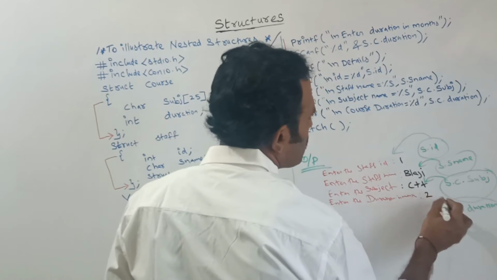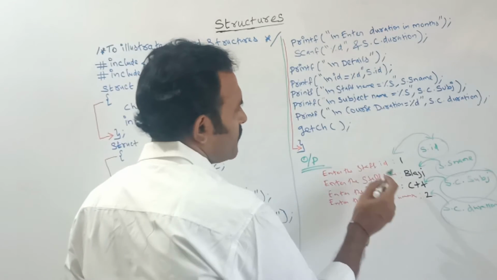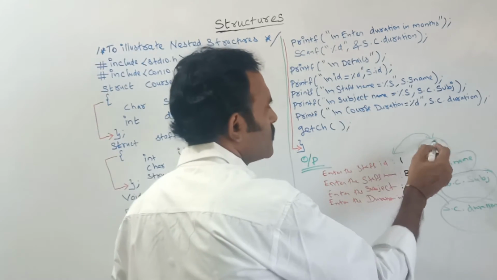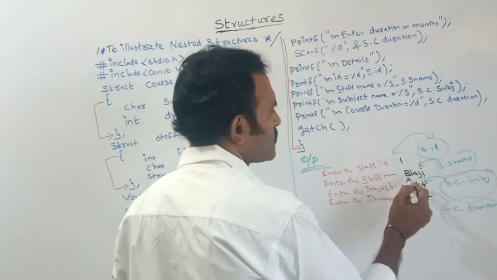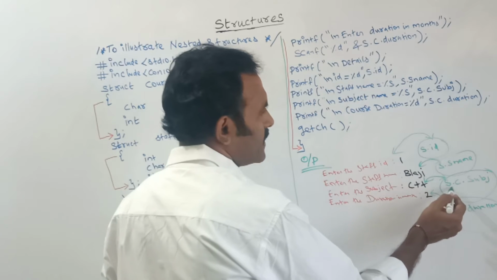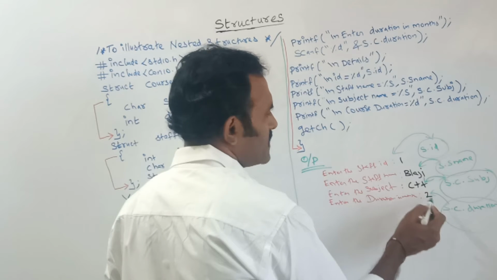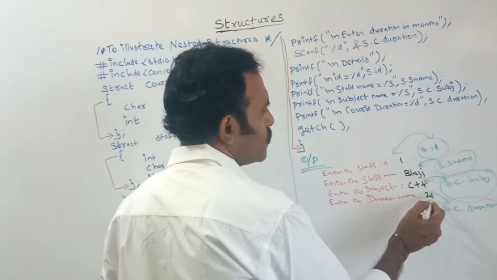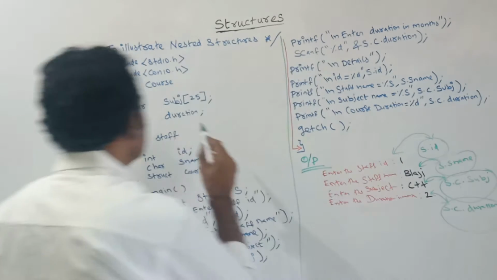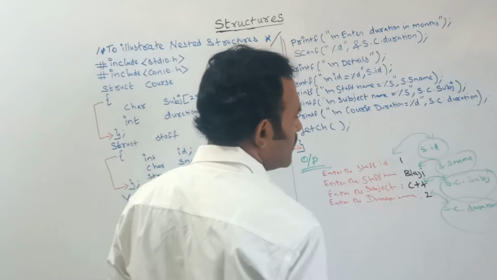So this 2 will be stored to duration. For each and every field of this record, the 1 will be stored to S dot ID, the name is stored to S dot S name, and C++ to S dot C dot subject, which is the structure within structure. In the same way, this 2 will be stored to S dot C dot duration, the structure member I had mentioned.